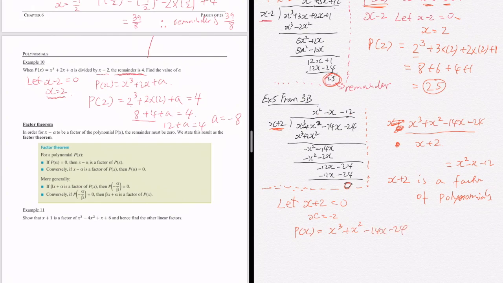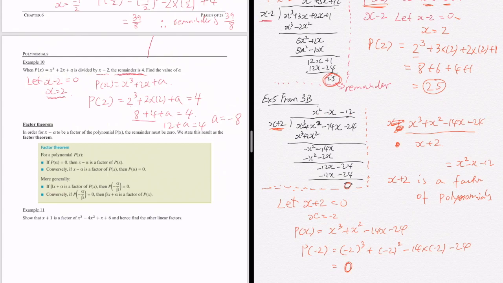I substitute x is equal to negative 2 back into my polynomial, so it will be p of negative 2. That will become negative 2 cubed plus negative 2 squared minus 14 times negative 2 minus 24. And if you solve it out, you will see it is actually equal to 0.